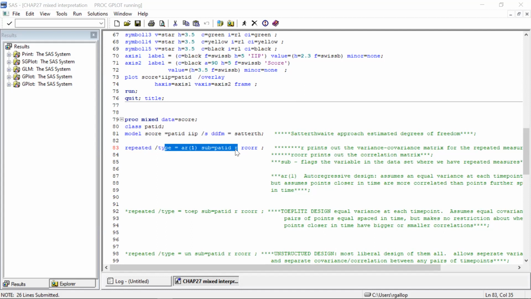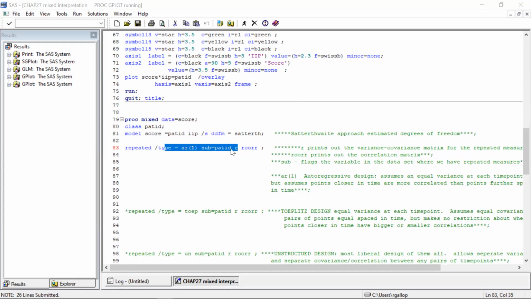What we're going to do here is really what the repeated line was made to do. And the repeated line here was made to accommodate the repeated measures per person.